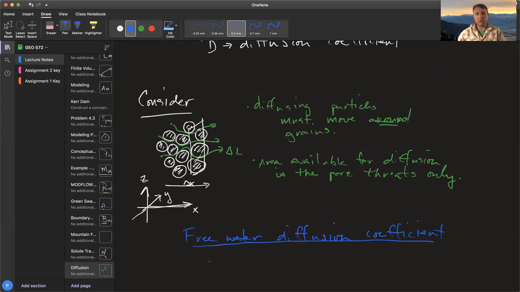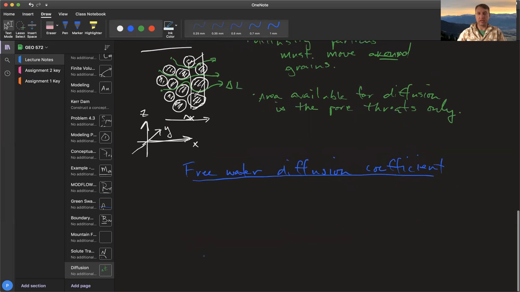So the free water diffusion coefficient basically tells us how fast things can move in free water alone.